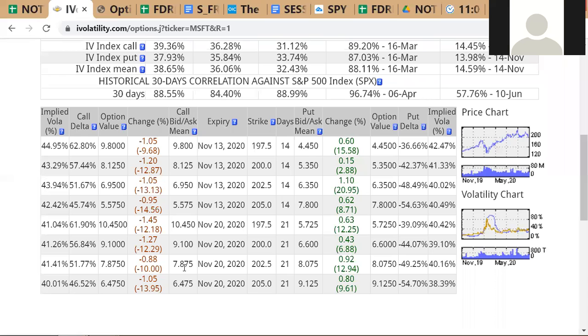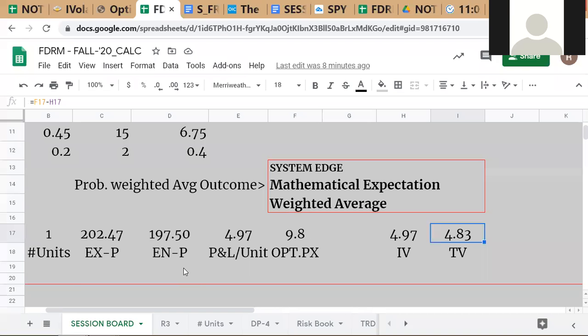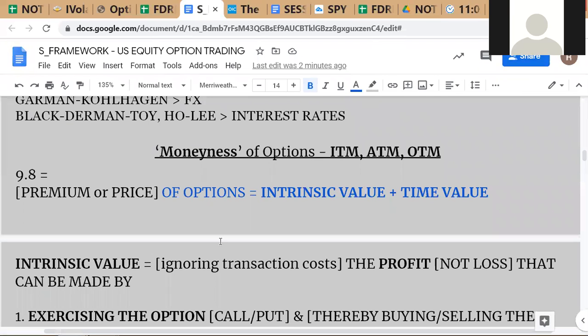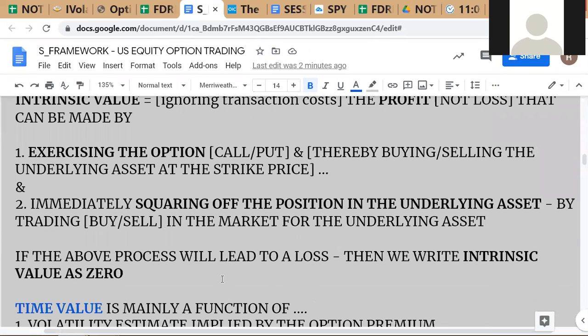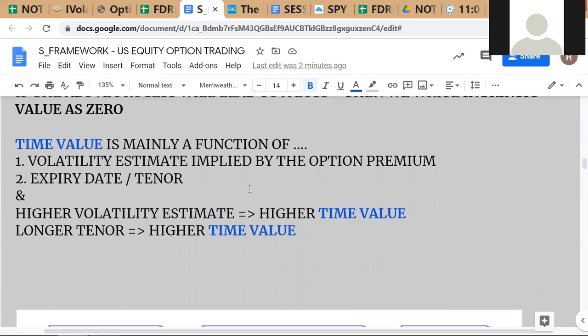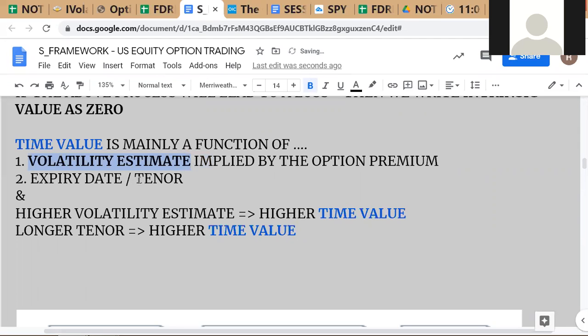Now the question that might arise in your mind is, so what determines the TV? In general, what I will say is that TV is mainly a function of two things. One is the volatility estimate and the other is the tenor. We'll explain a little bit more about the volatility estimate, and this is the tenor.